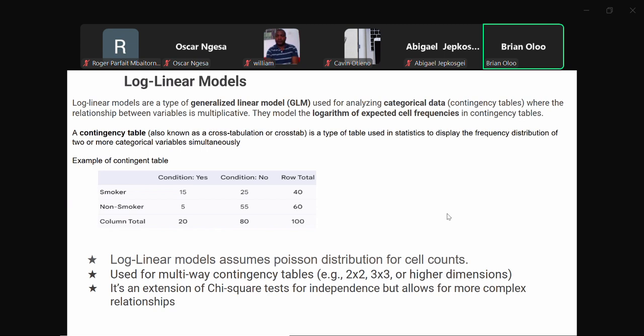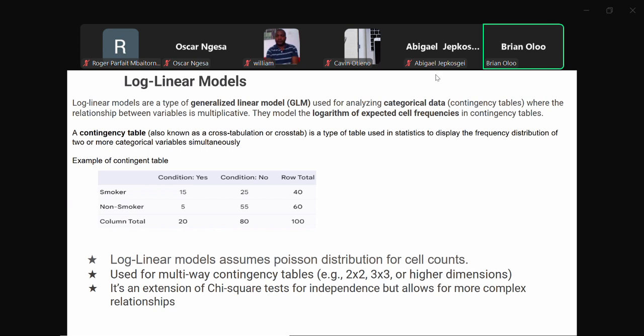It gives us a count of 15, and then the next one here is 25, where a person is a smoker and the condition is no. The row total for the first row is 40.